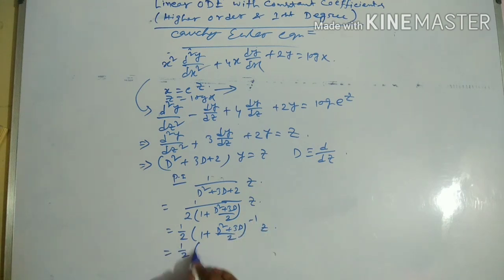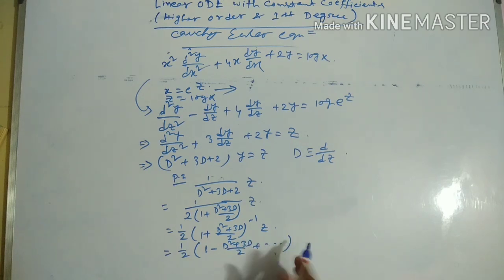So half into, expanding this, 1 minus (D² plus 3D)/2 plus so on. I am not writing more terms because this polynomial function can be differentiated a maximum of 1 time. If you differentiate it more times, then the result will be 0.